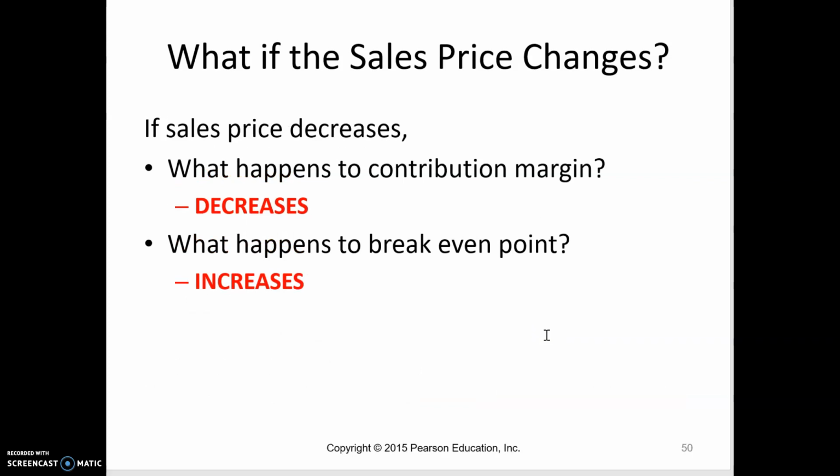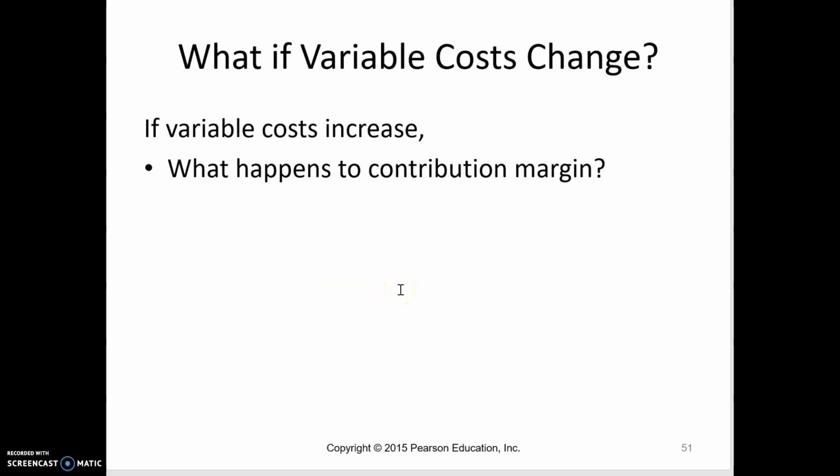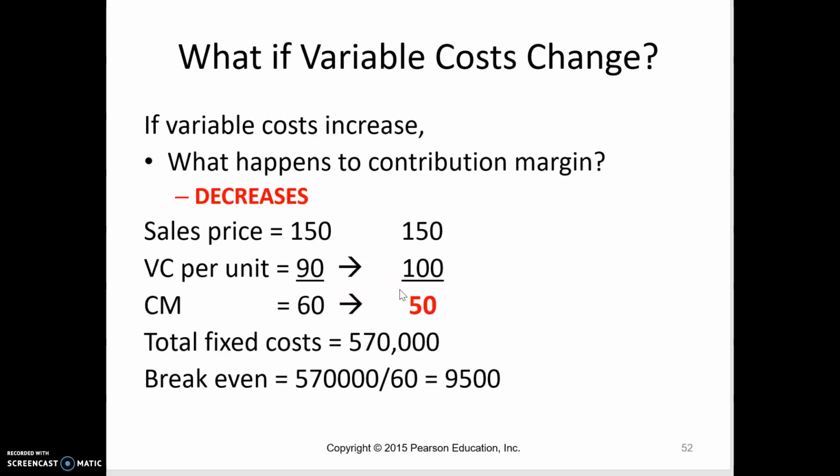The opposite will happen if sales prices decrease. Contribution margin will decrease, and then that's going to raise our break-even. What happens if variable costs increase? What's going to happen to contribution margin? So if variable costs go up, our contribution margin is going to go down. What's going to happen to break-even?